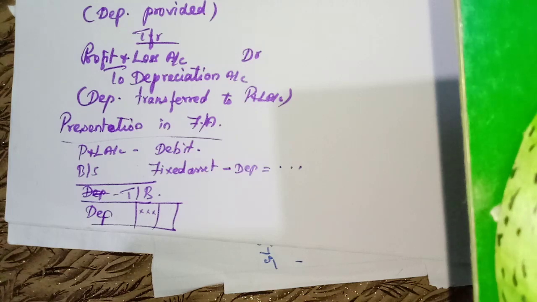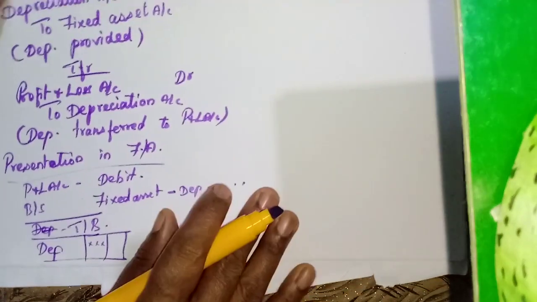For example, the outstanding salary, if it is shown, where will we write? We will write only in the balance sheet, in the profit and loss account, and in the trading account we will not enter. But this is just the reverse.